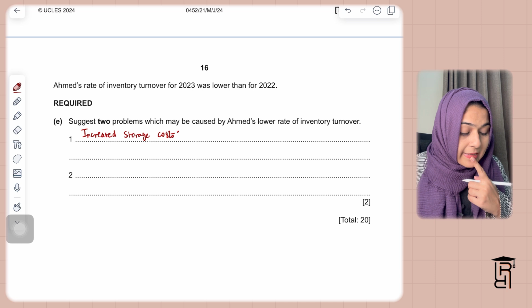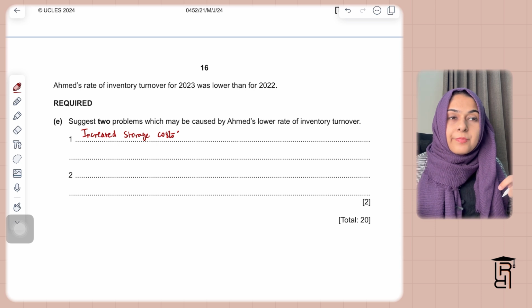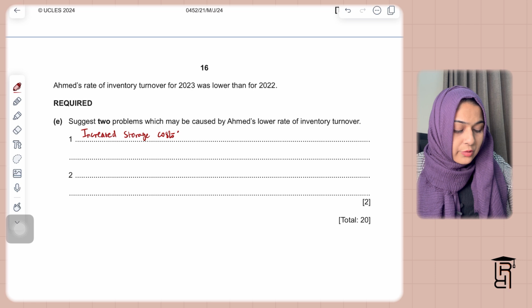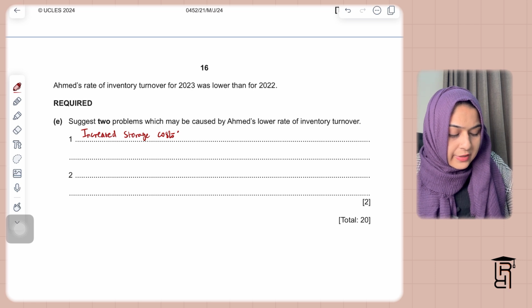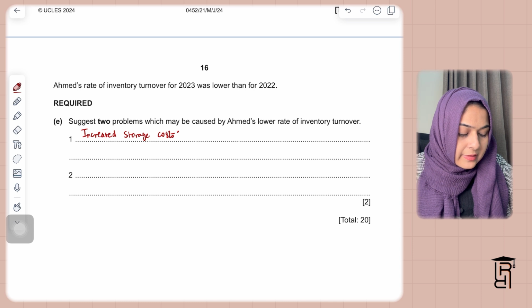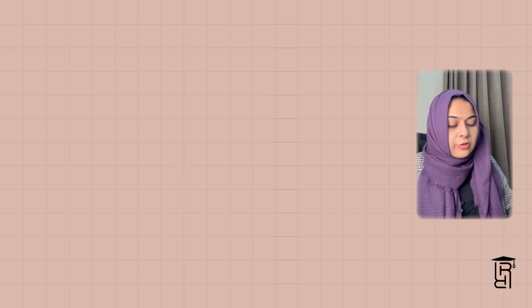Also, one more thing: when inventory is lying there in the warehouse or in the storage area, it is possible that the inventory becomes obsolete or deteriorates. So it increases the chances of inventory becoming obsolete, damaged or deteriorated. This inventory may become completely out of date, or may deteriorate over time.